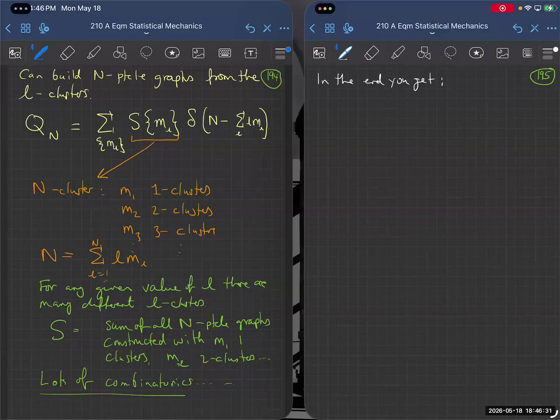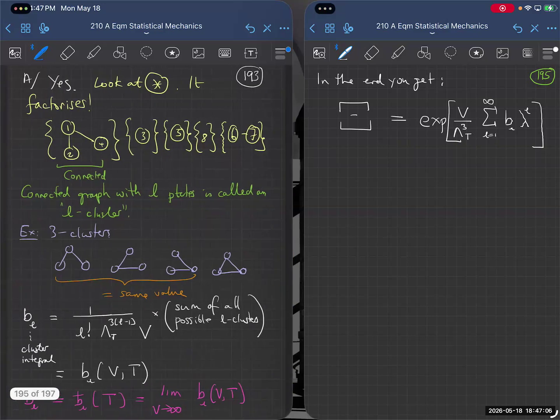So this formula is that the grand partition function of the system is equal to e to the power of the volume over the thermal de Broglie wavelength cubed times the sum from L equals 1 to infinity of B_L lambda to the L. And these B's are the things that I wrote down over here on the left-hand page.